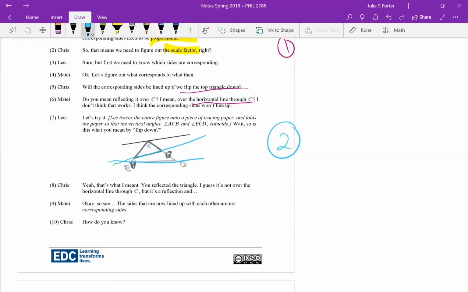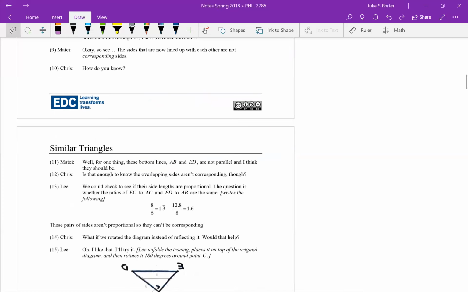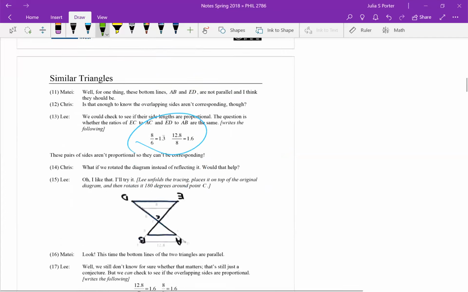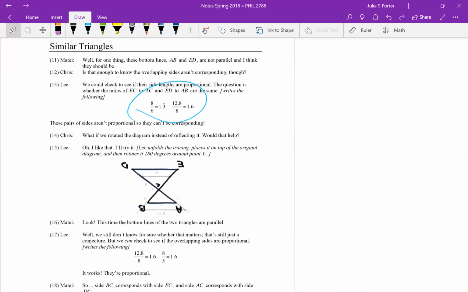And they don't take this at face value, which is attending to precision, but through attending to precision, they use the proportionality of similar triangles, and they find that they are different. Which means that in that configuration, they are not similar, meaning that their reflection was not the correct conception.